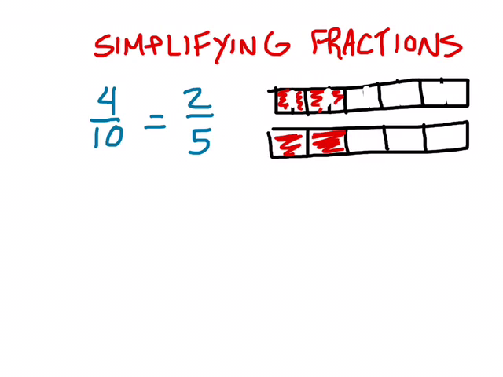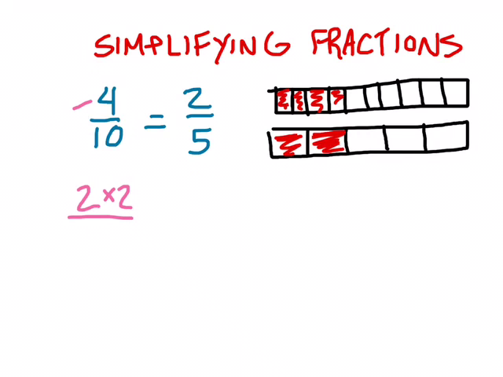The way I really like to explain simplifying fractions, though, is that we're really eliminating common factors. Any number can be represented by 2 other numbers multiplied together. Let me show you what I mean. 4, if you look up here at my fraction 4/10, is really just like 2 times 2.